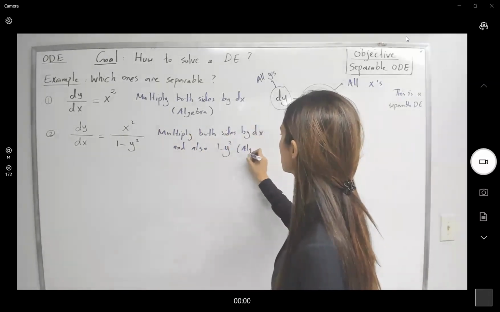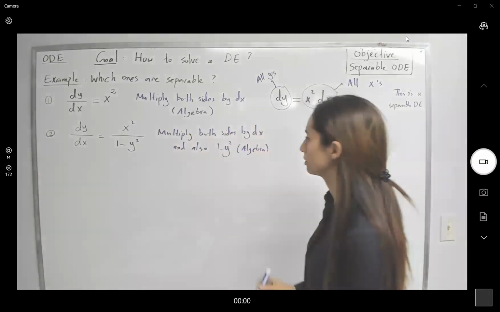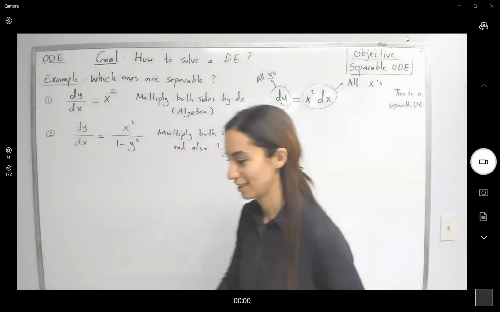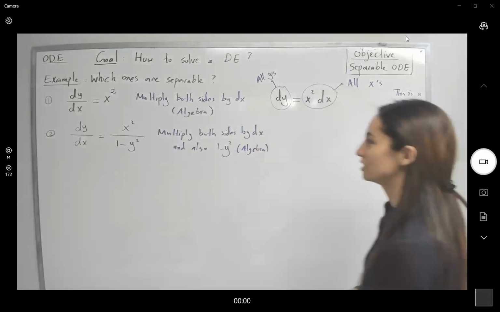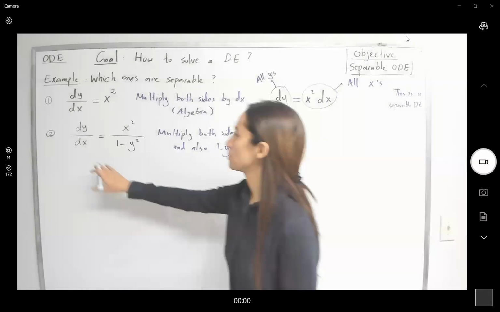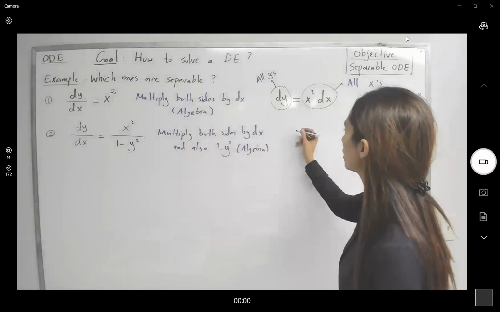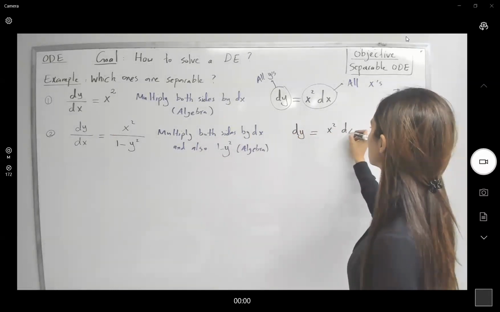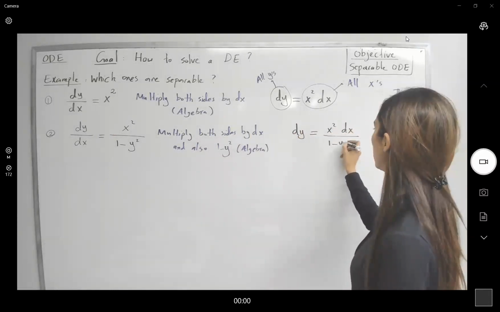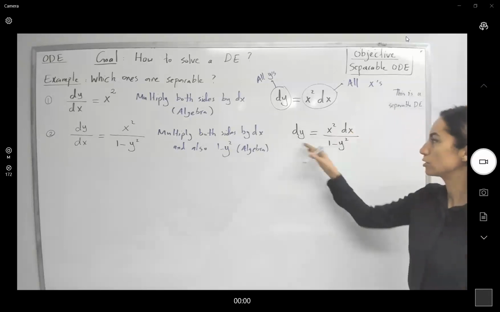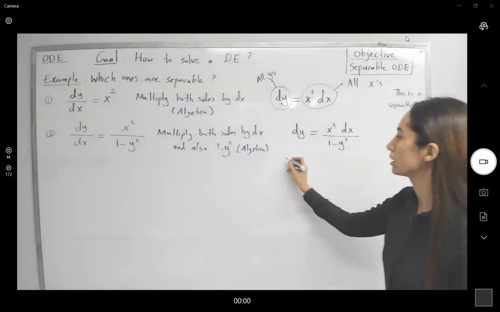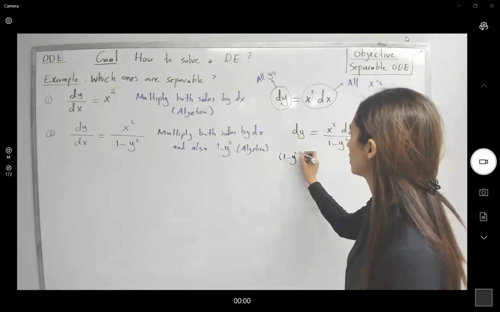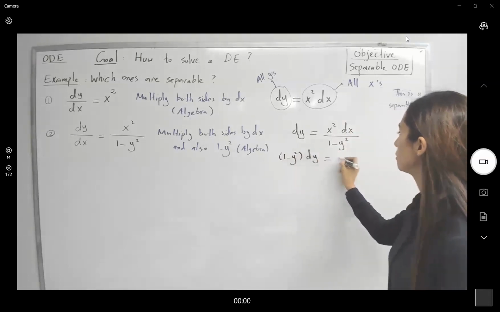Again, this is just pure algebra. There is nothing calculus about it. If you multiply both sides by dx, you get dy equals x squared dx divided by 1 minus y squared. If you multiply both sides by 1 minus y squared, you get 1 minus y squared dy equals x squared dx.